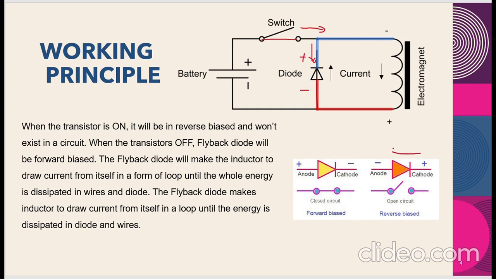When plus to negative comes, it will work as a reverse bias, so it will not create or impact any issues. It will be negligible. The circuit will complete and work like that. So it works like that whenever the circuit is closed, in the reverse bias direction.